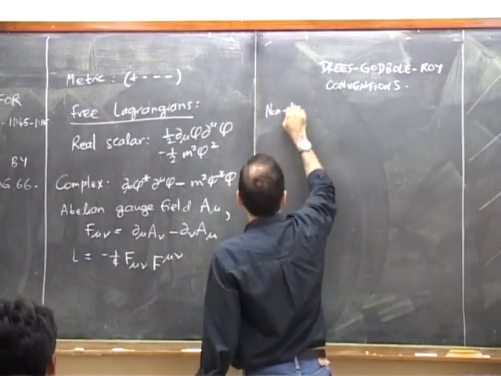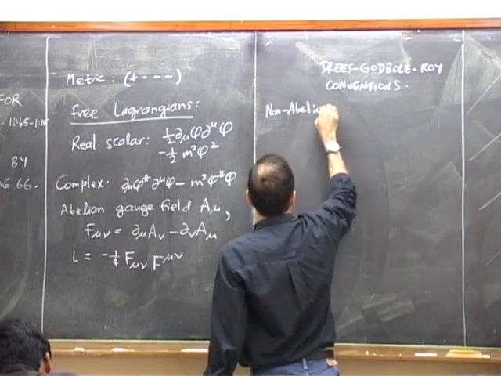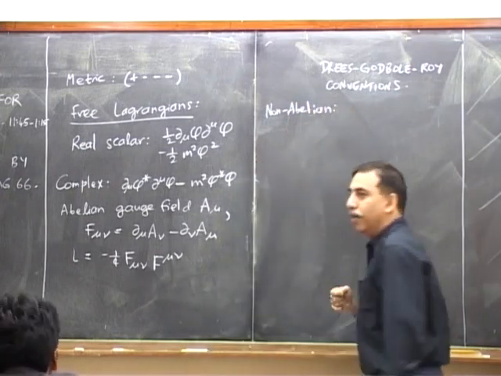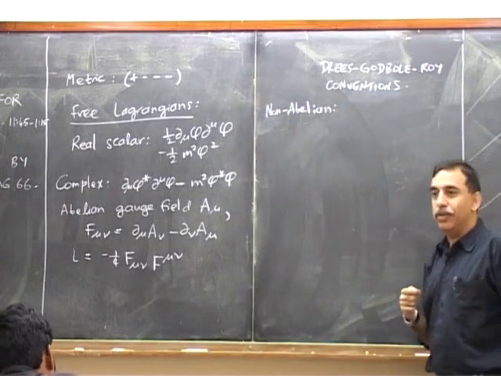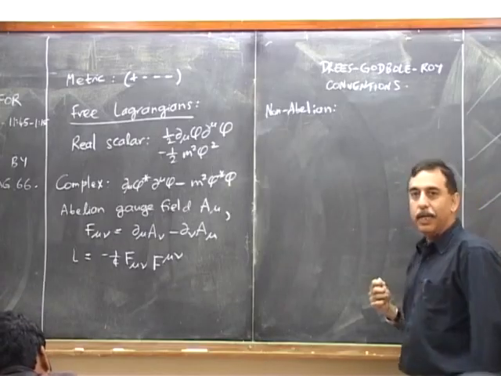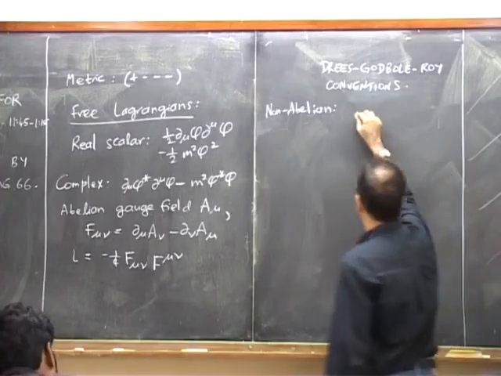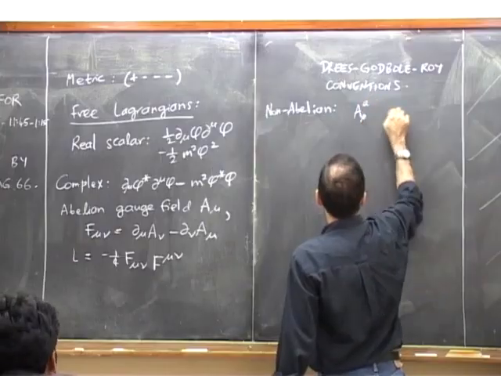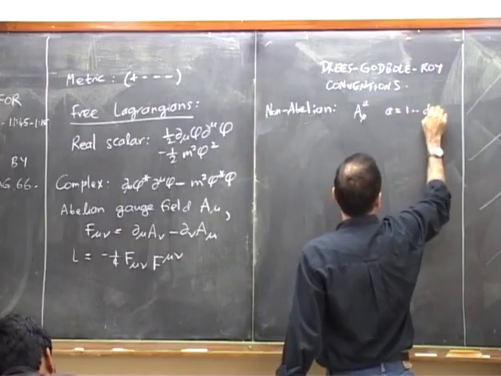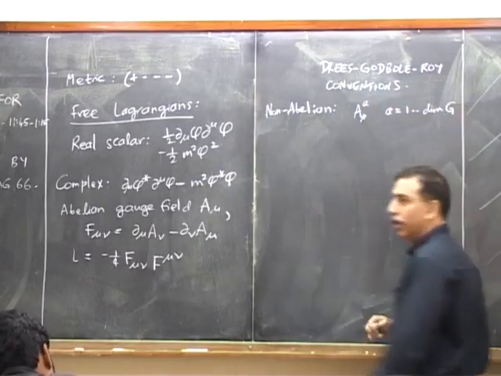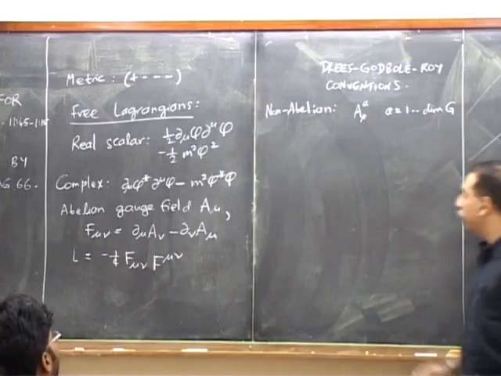Non-abelian is a harder story, but we'll take the pedestrian approach that non-abelian is just a bunch of individual gauge fields with an extra index tagged on to them. So it's A mu a, where small a goes from 1 to the dimension of the group, which will be the non-abelian gauge group.